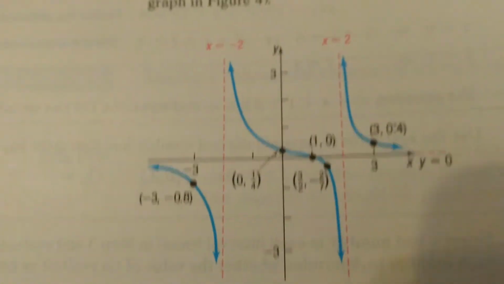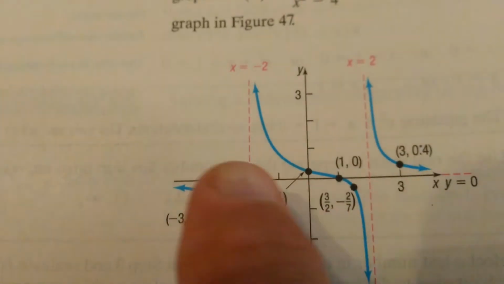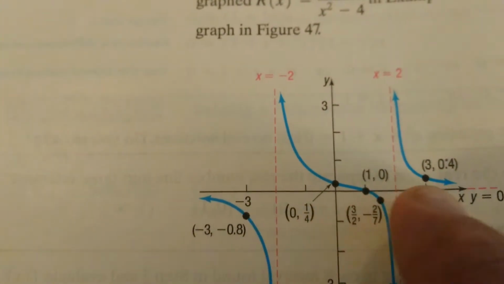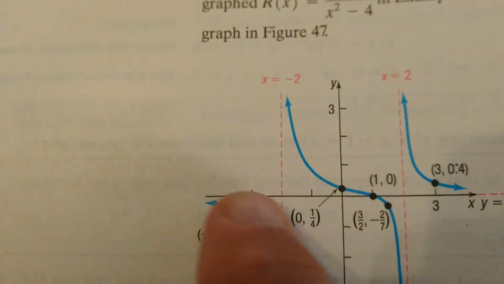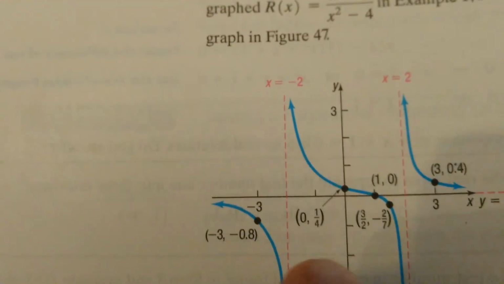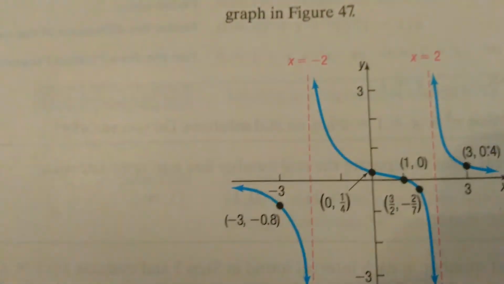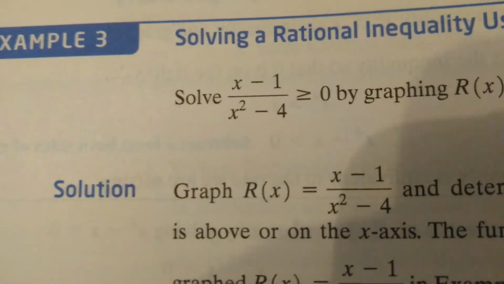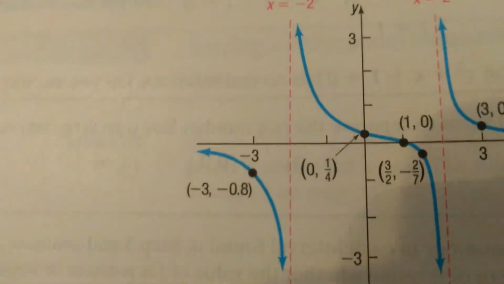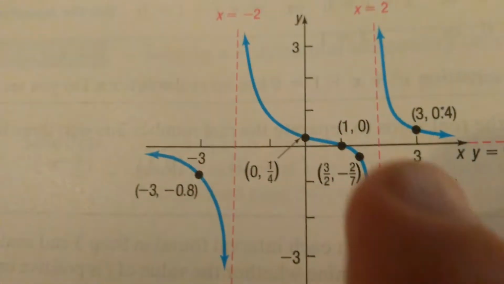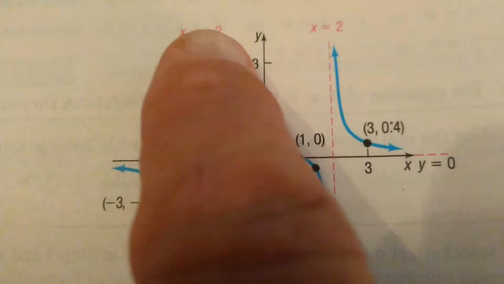Once we get the graph, we're going to do the same thing as before. The x-axis, which is y equals 0, is where the cutting line is, so to speak. Anything above it is greater than 0, anything below it is less than 0. So we're looking for greater than or equal to 0. What happens here is we have nothing in this region, but we have something in this region.